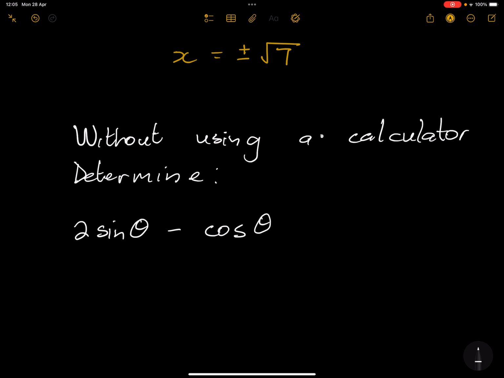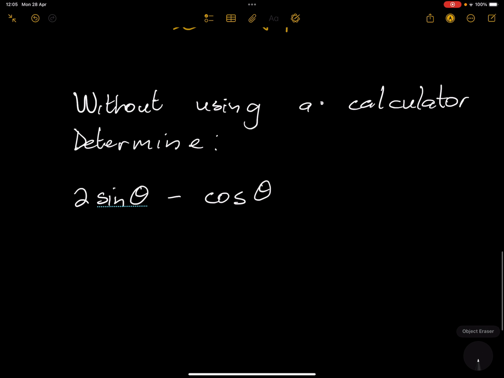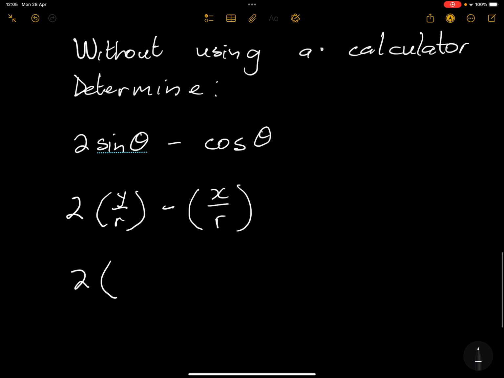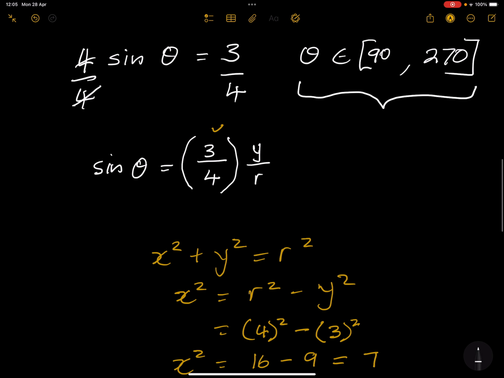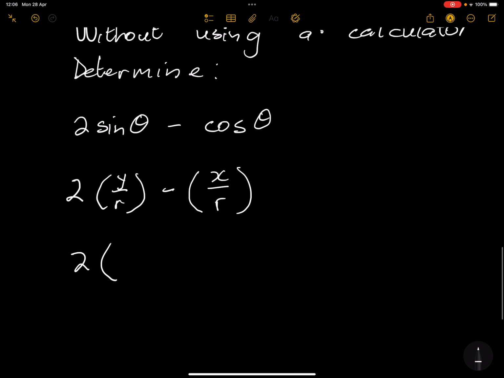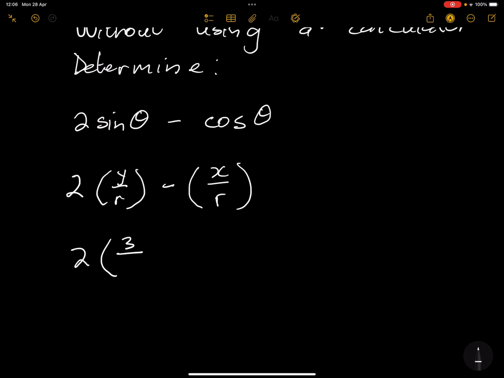Right, so all I'm simply going to do, now that I know what sine is, so I'm going to say, well, 2, remember that sine is y over r, we already have a value for that, okay, minus cos is x over r. So I'm going to say this is 2 multiplied by our y value, we already have sine theta, y over r, that's 3 over 4, but even if you go to your diagram, so that's 3 divided by 4, my y value is 3, and my r value is 4, minus x over r.